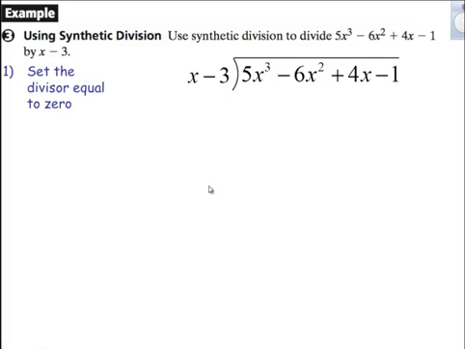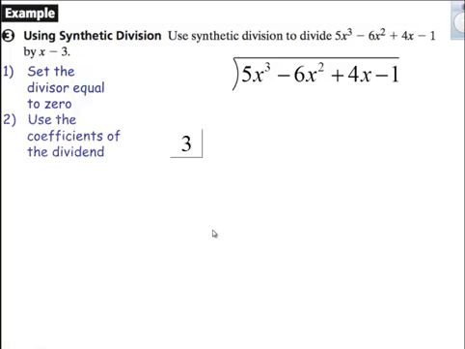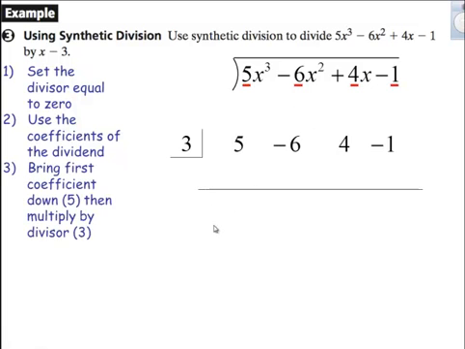So what is the 0 of x minus 3? Don't we just set these things equal to 0? You'd add 3 to both sides, so we know x equals 3. That goes inside this little magical box. Then I'm going to take these random numbers that you would have no idea where I got them from, and this is how synthetic division works.